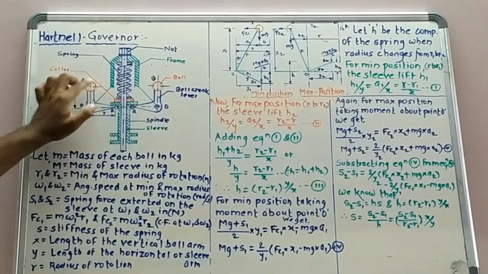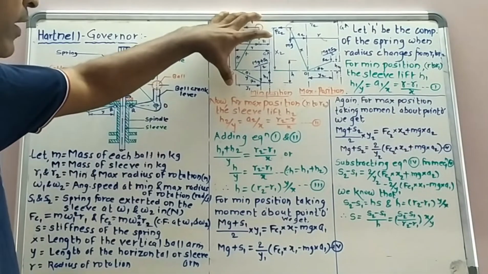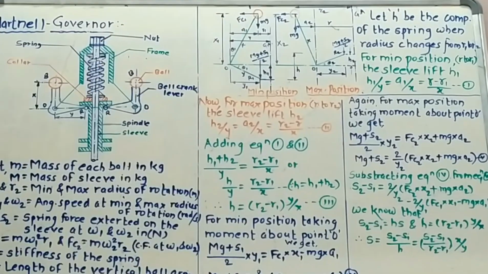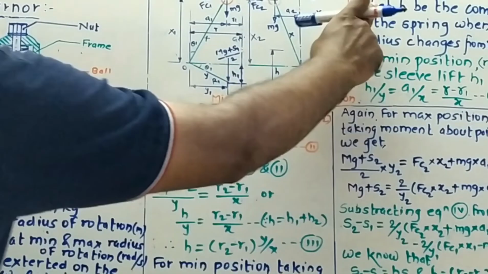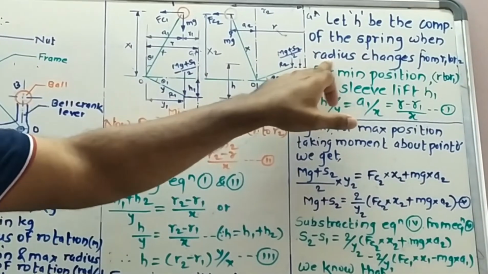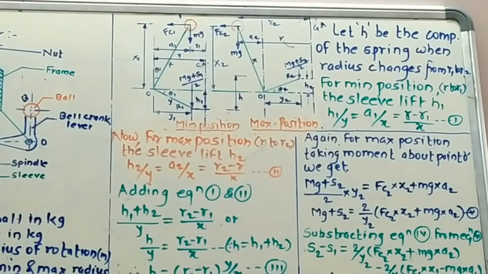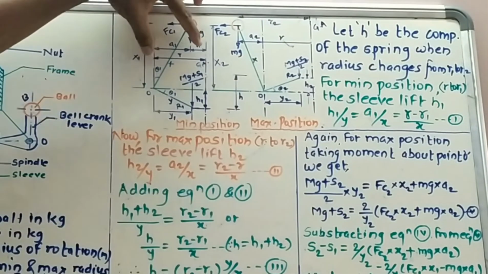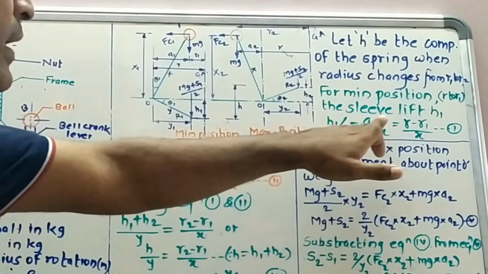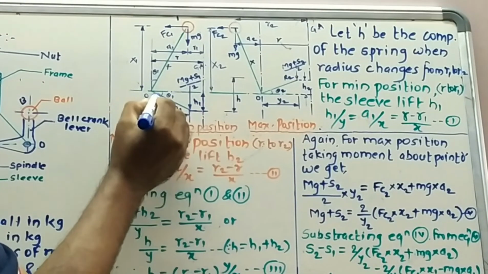single bell crank lever and the forces shown here for the maximum and minimum positions. Let h be the compression of the spring when the radius changes from R1 to R2. For the minimum position, when the radius changes from r to R1, the sleeve lift h1 is given by this geometry.